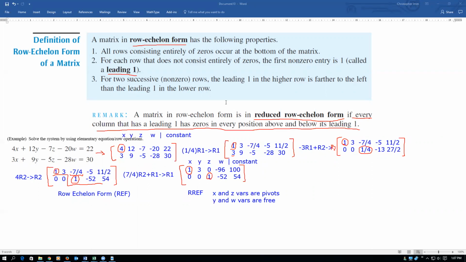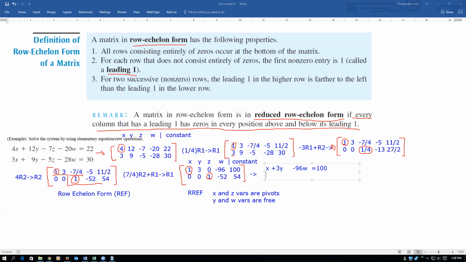If we turn this back into a system, this is what we're looking at. We will have 1x plus 3y plus 0z minus 96w. And the augmentation, our constant, is 100.